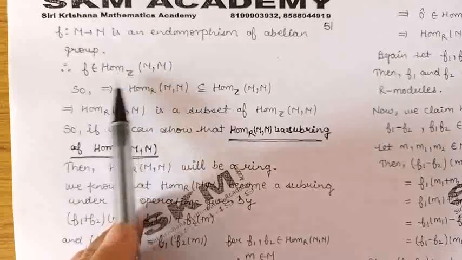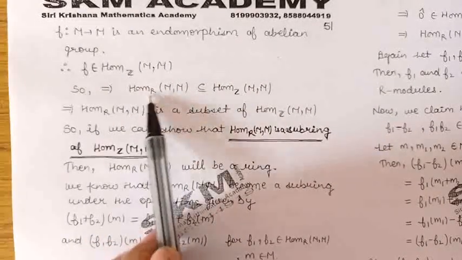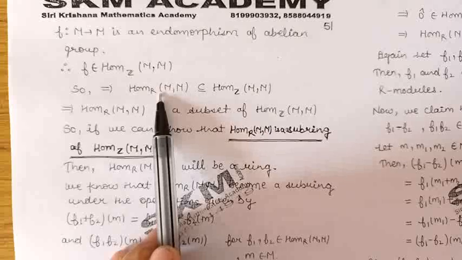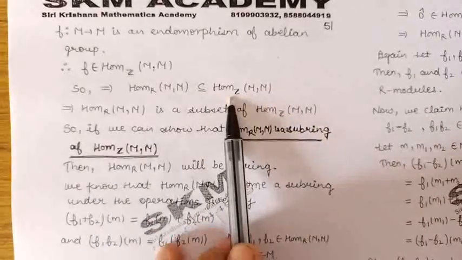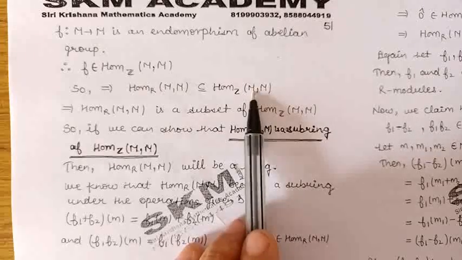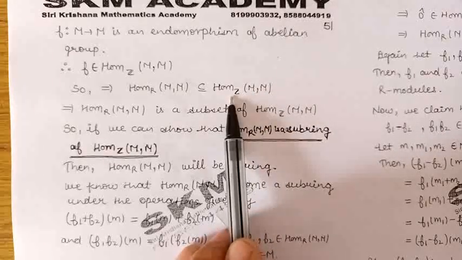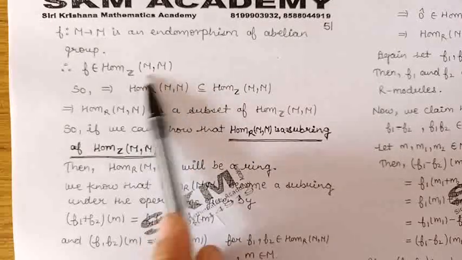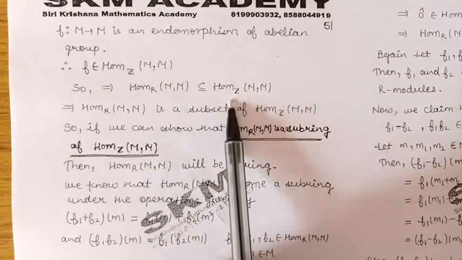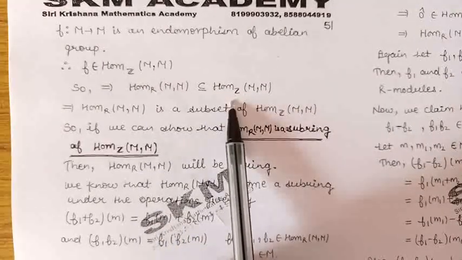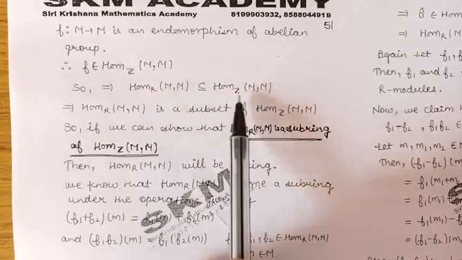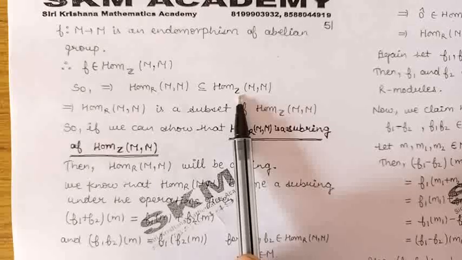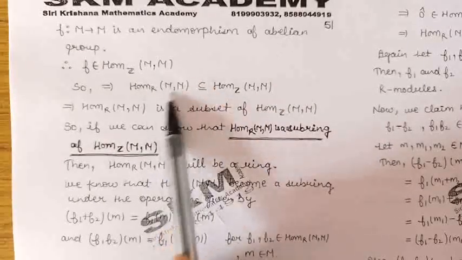So we can say that the set of all the homomorphisms over the ring R is contained in the ring of the homomorphisms over Z. So we can see that this is a subset of this ring, and therefore if we can show that this is a subring of this ring, then this will become a ring.